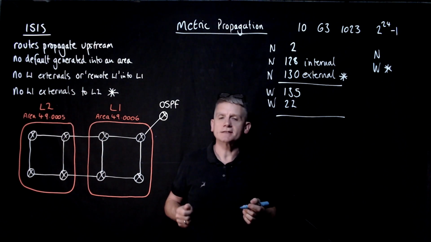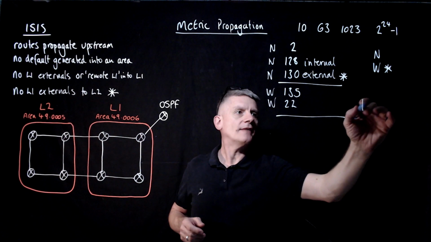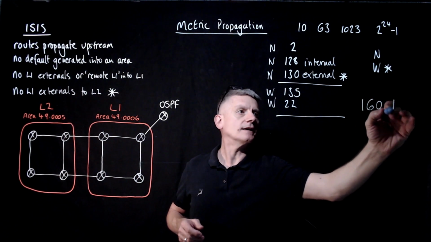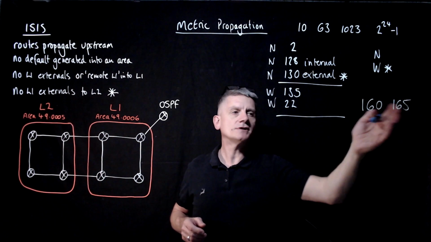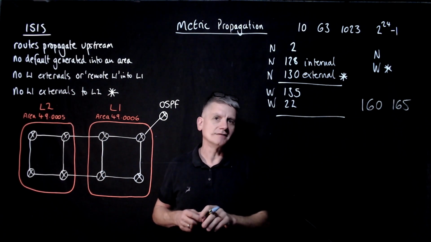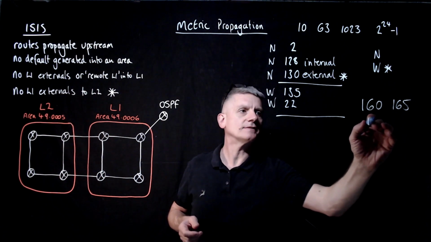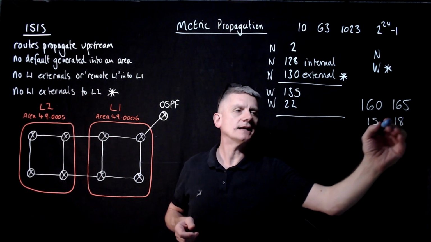So the first thing that's going to happen is that our preference values change. Normally, we have a preference value of 160 and 165 for level 2 and for level 1 and level 2 respectively on an external. And now they're going to look internal. So of course we're down to the 15 and the 18.